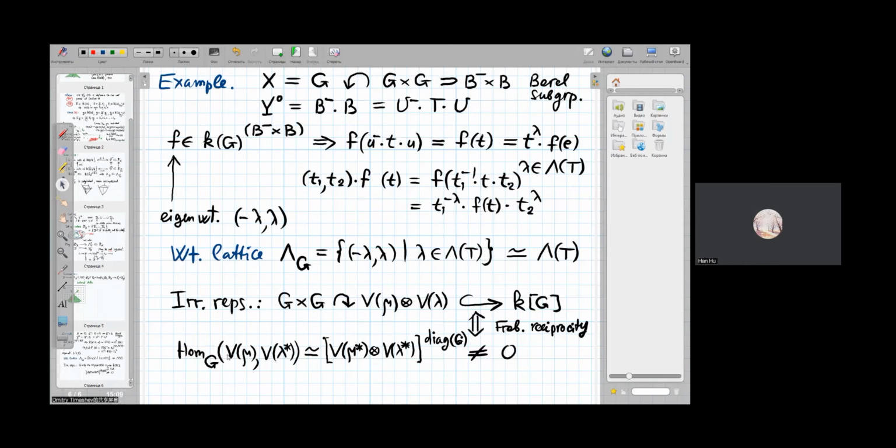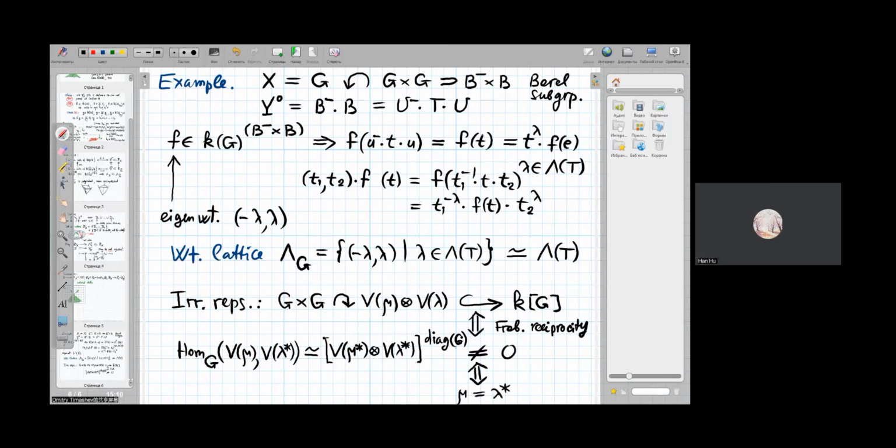Okay. So now by Schur's lemma, the space of homomorphisms between two irreducible G modules is non-zero if and only if these modules are isomorphic. So this holds if and only if mu equals lambda star.